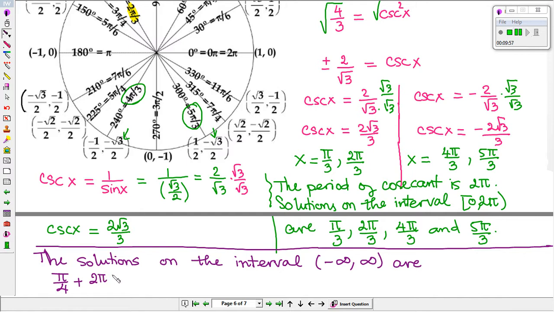Now why 2 pi? Because we know that the period of cosecant is 2 pi, and n will be an integer.